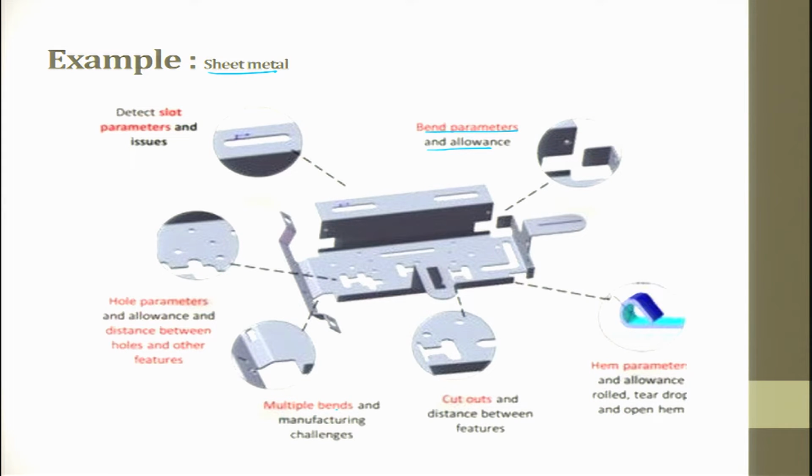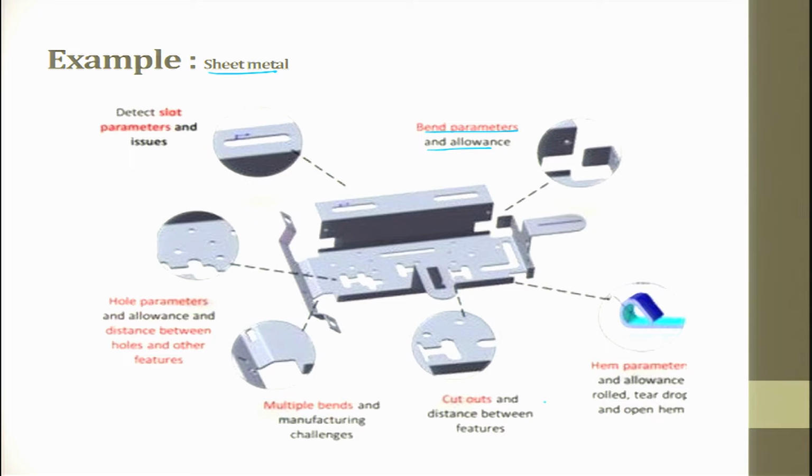And then multiple bends and manufacturing challenges. Here, if you see the entire part, maybe 1, 2, 3, 4, 5, 6 parts are now getting integrated into one single part, and this is done by metal forming.